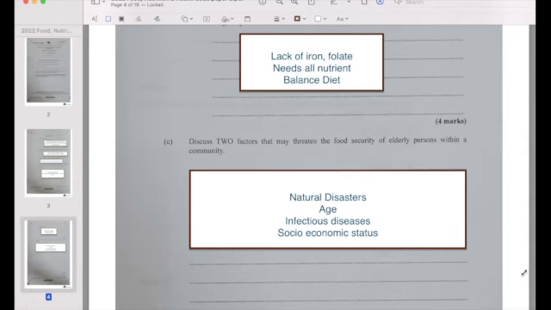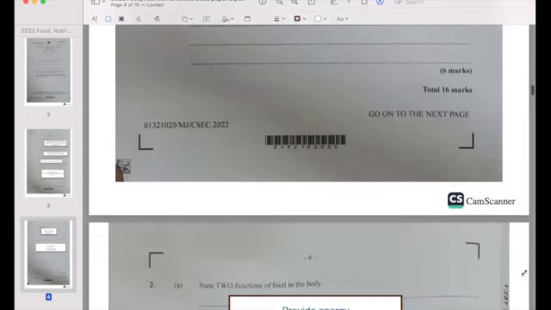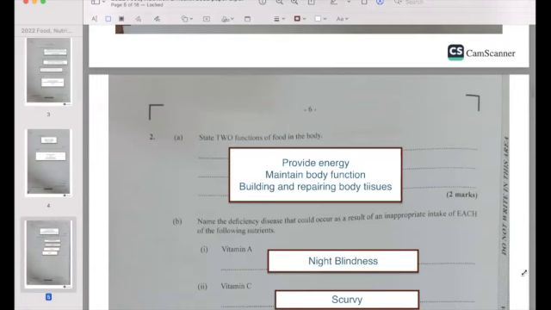So we can explain or discuss. Another one is socioeconomic status. Depending on how much money you have, that will also threaten food security for an elderly person. So I gave you 4, you can explain. That's a good one. Let's go to question 2.